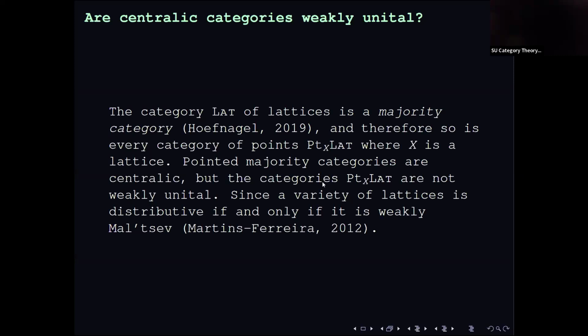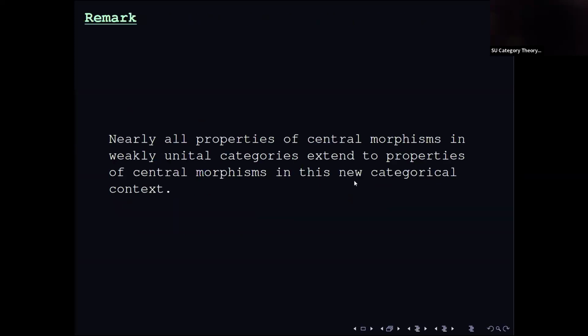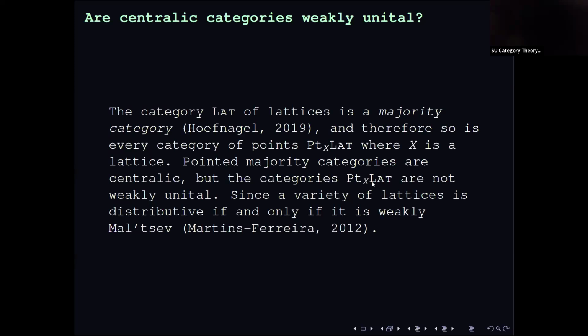And so this shows you that the condition is separate, because if this condition was the same as being weakly unital, then every category of points here would be weakly unital. But that's not true, because as shown by Nelson Martins-Ferreira, a variety of lattices is distributive if and only if it is weakly Mal'tsev, and only if every category of points is weakly unital.